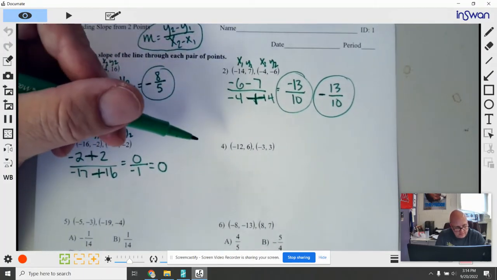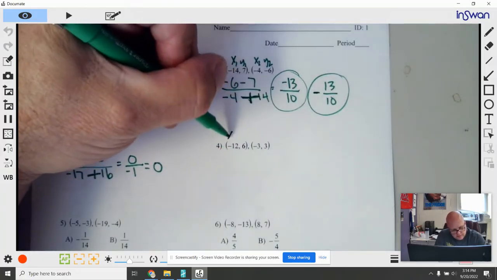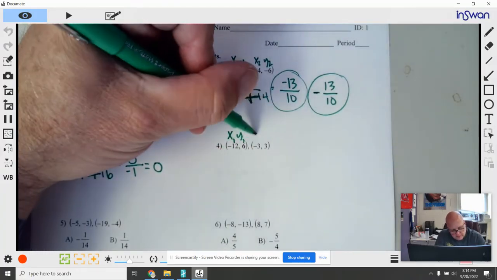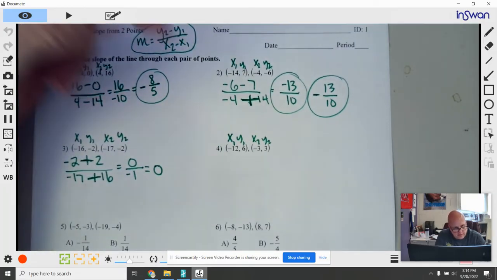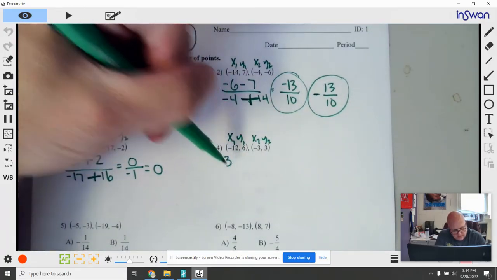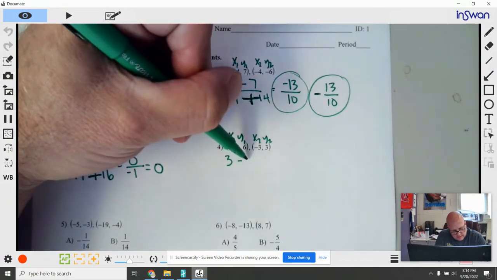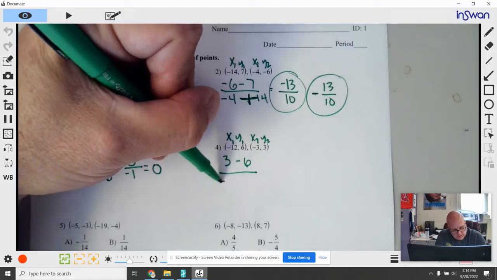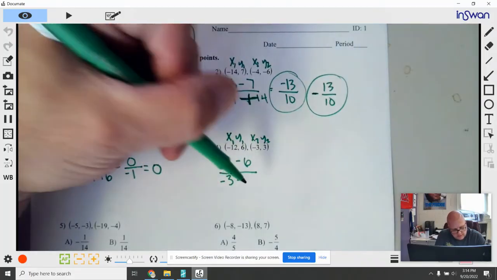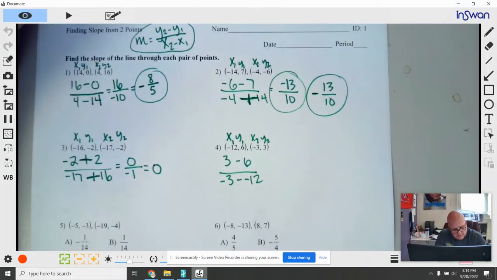All right, number 4. Label the points and set up the formula. So it's going to be 3 minus 6 over negative 3 minus a negative 12.